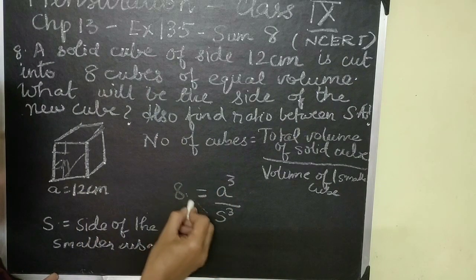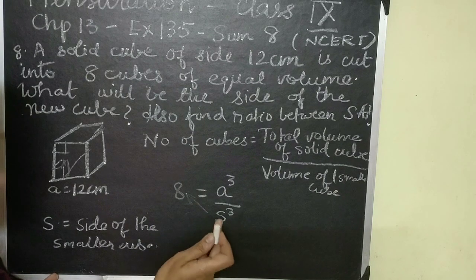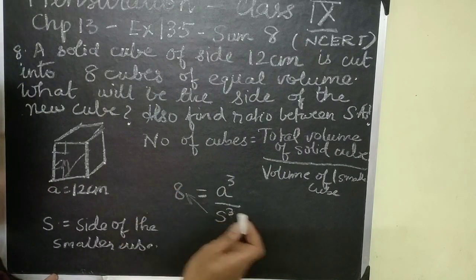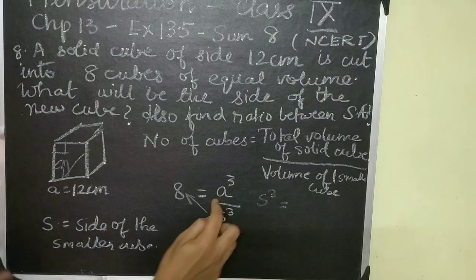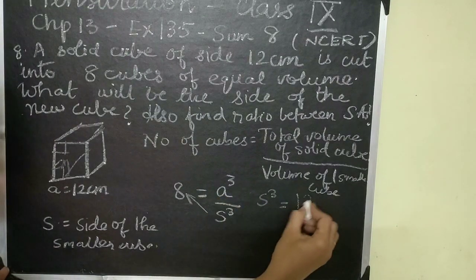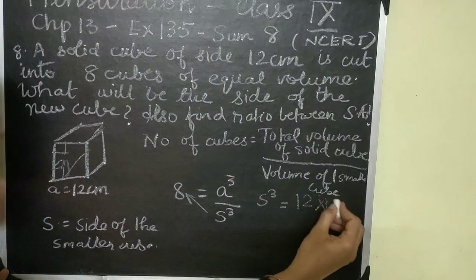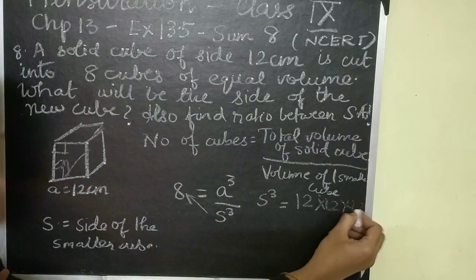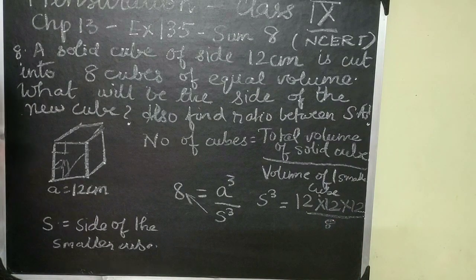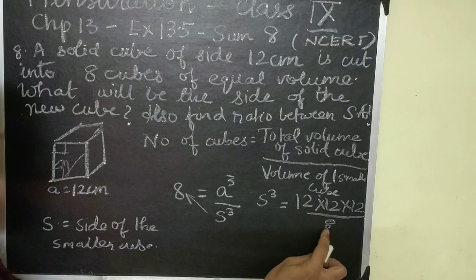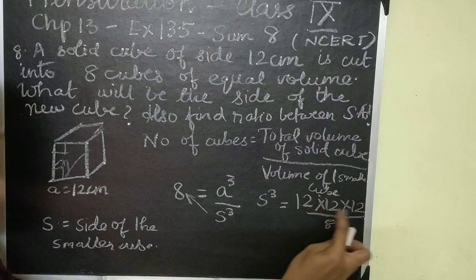So when we do cross multiplication, S is going to go here and A is going to go here. So S cube is going to be equal to, A is given as 12, so 12 into 12 into 12 divided by 8. Now for easy calculations, since they are asking cube, I am going to divide in such a way that the same number is coming.